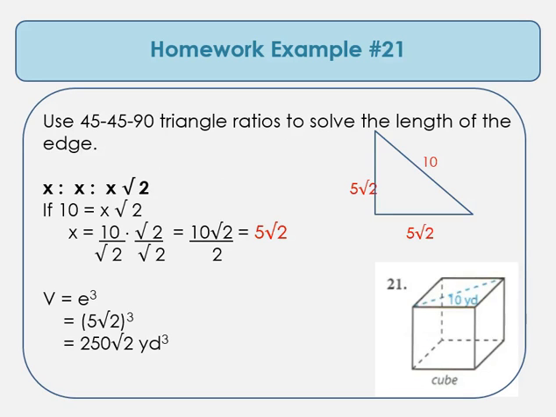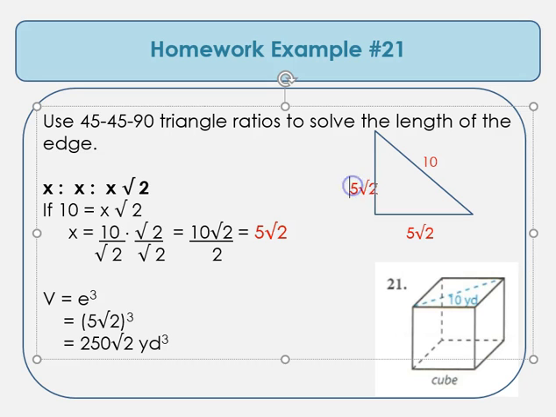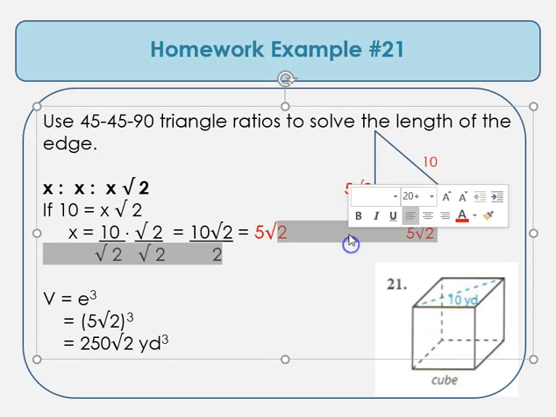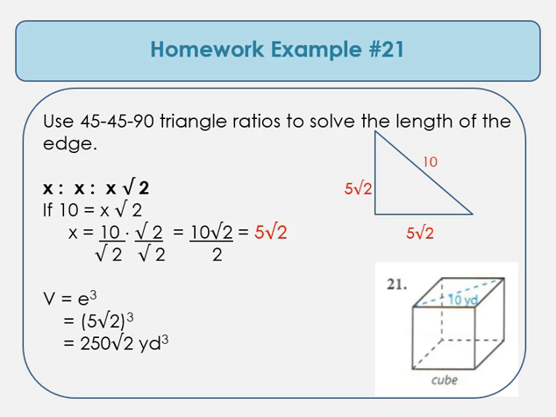Let's look at number 21, a similar situation. We need to use the 45, 45, 90 triangle ratios to solve the length of an edge. All right, so we have a cube.